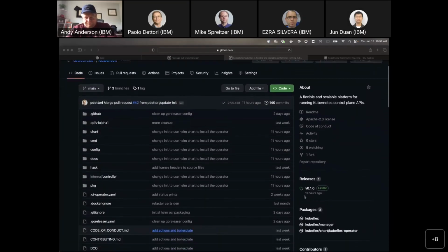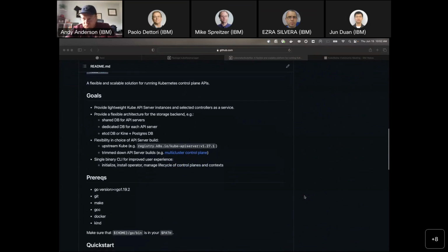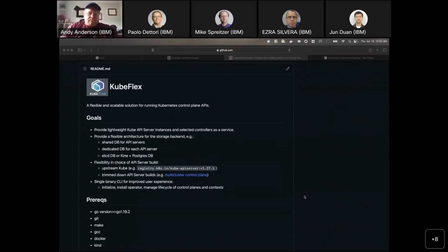Yeah. So I'll give a quick intro of what KubeFlex is. The idea was really, as we have been looking for alternatives to logical clusters, right? We still want to support somehow KCP workspace logical clusters, but we are looking for other alternatives and trying to do this in a scalable and efficient way.